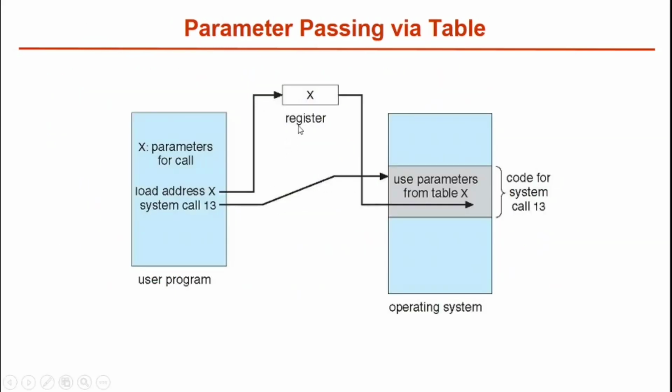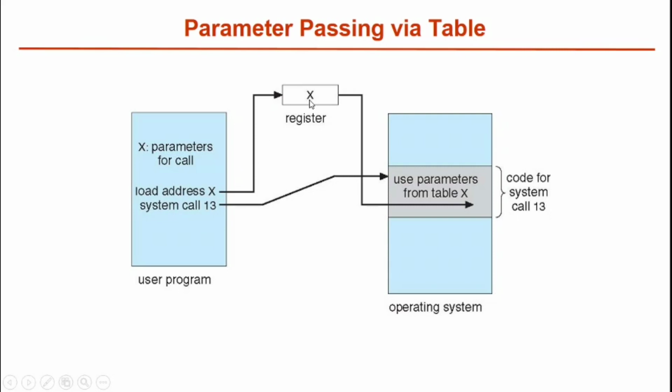So you can see here, this is a register. First there is a user program, that is the parameter for call. Here x represents the parameter passed for the call, and we load the address of x into a register. Then we call system call 13.